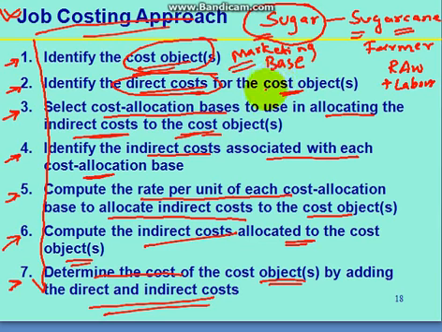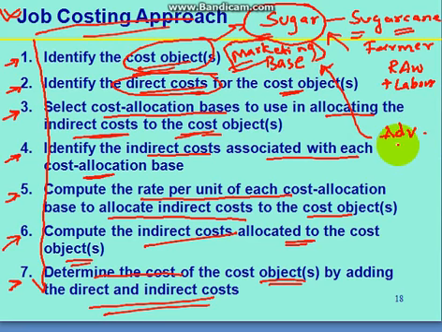Now the indirect cost you have to calculate on that cost object. Indirect cost is nothing but the salesman's salary or the advertising you will be calculating on the sugar, that is your cost allocation base. Now, identifying that, you need to associate each cost with that product. Say, for example, you have associated advertising cost with that specific product out of so many costs, right?